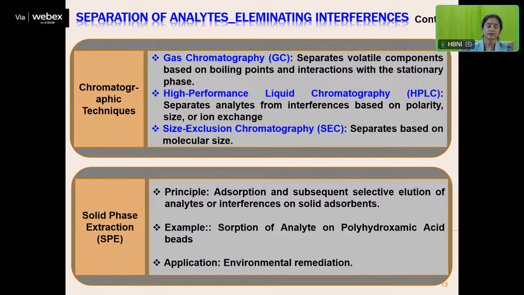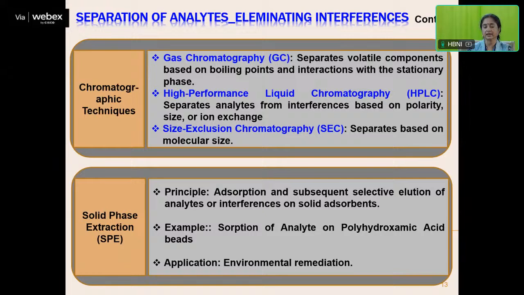And there is another term called solid phase extraction, or normally SPE. Here, there is adsorption and subsequent selective elution of analyte or interferences on solid sorbents. So you have to take solid adsorbents or absorbents, because it can adsorb or absorb, therefore altogether it is just called sorbents.